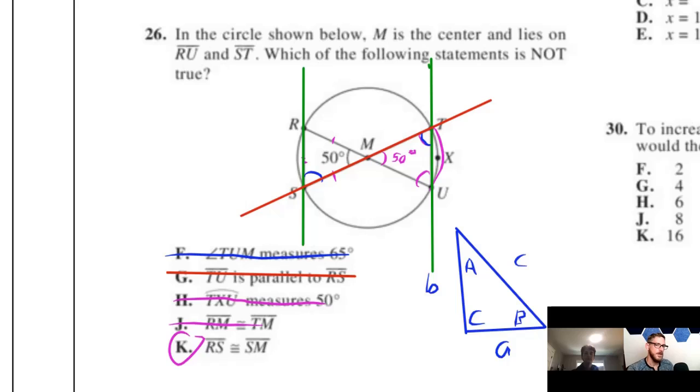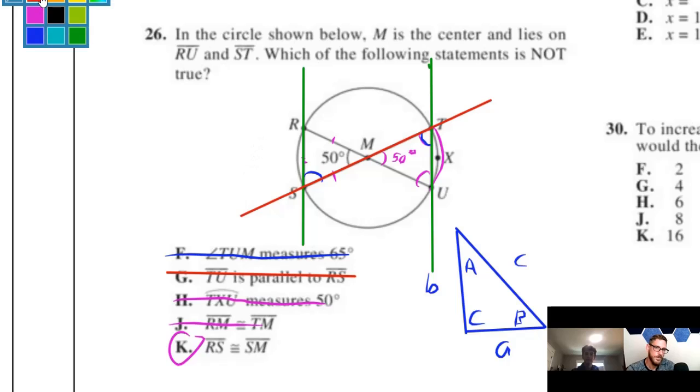Yeah. While we're here, let's talk real quick about the rest of the parallel line stuff, because that could come up too. So I mentioned alternate interior, then you mentioned alternate exterior. What do you know about alternate exterior angles? Would that be on this question, the angle next to the two blue angles you drew?